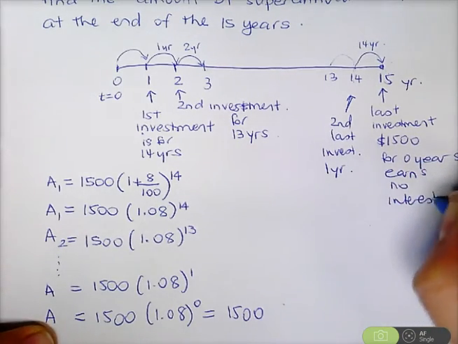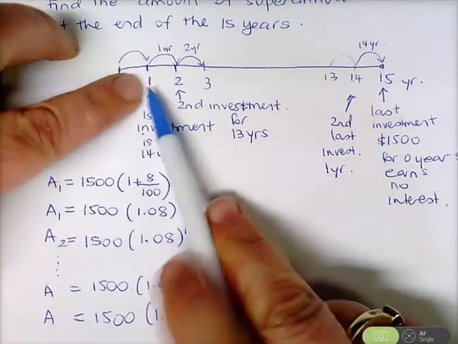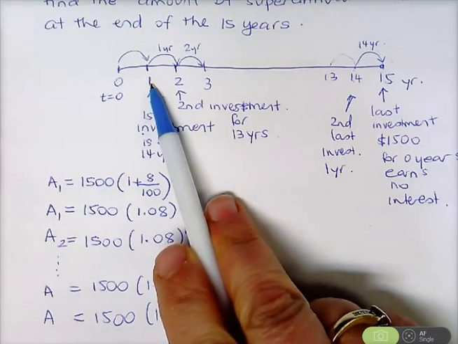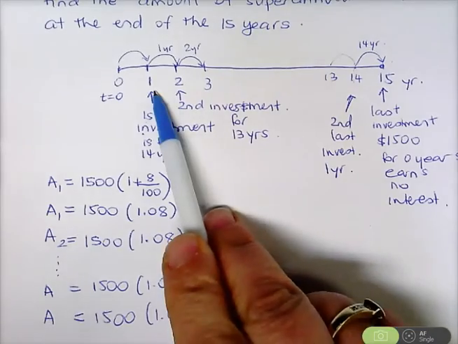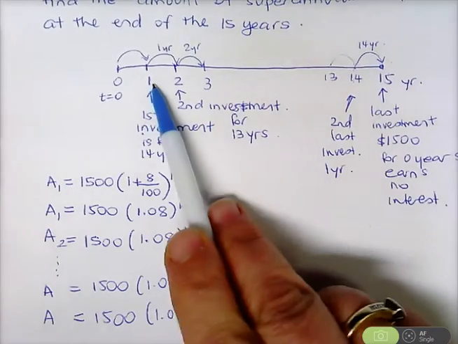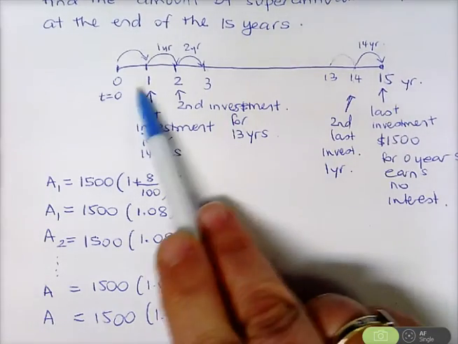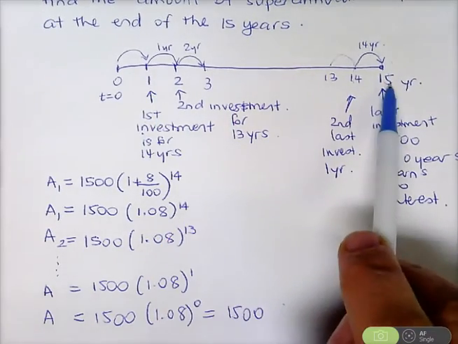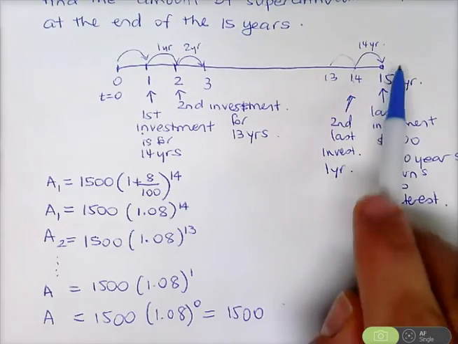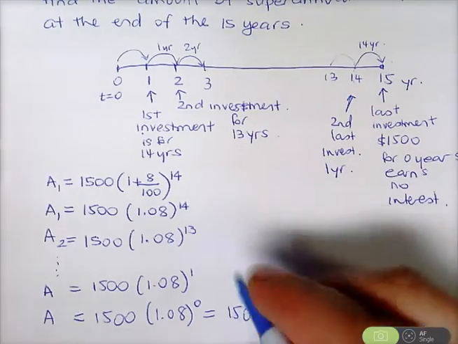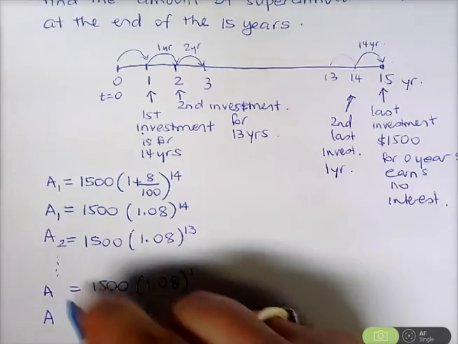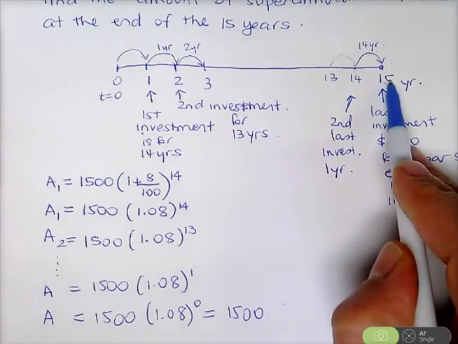Now, I need to see how many investments I've got. I'm starting from the first investment all the way up to 15. So if I count on my fingers, I've got 1, 2, 3, and I'm ending on 15. So when you start counting at 1, whatever number you end on, that's how many terms you've got. Therefore, this is my 15th investment.